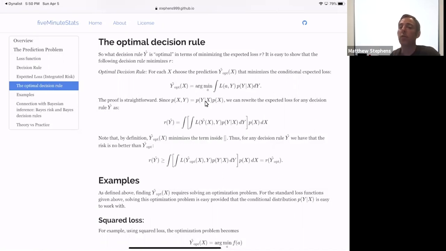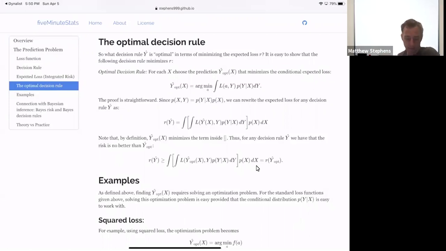This is exactly the kind of rule we talked about in previous lectures about minimizing the posterior expected loss given data. It's just written a different way. The idea again is that the optimal prediction rule computes the conditional distribution of y given x, then computes for each possible prediction the expected loss, and chooses the prediction that minimizes this. And the proof is straightforward. You can go through it in your own time in the vignette.